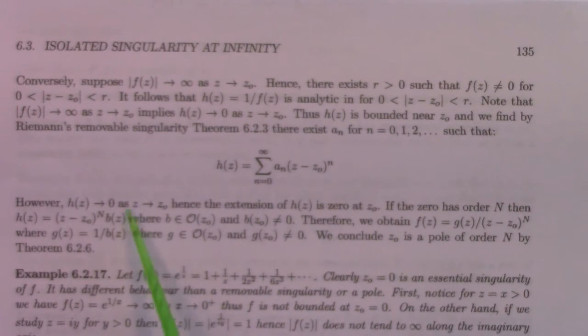And then you can extend h of z to be 0 at z naught. So finally, if the 0 has order n, then h of z is z minus z naught to the n times b of z, where b is holomorphic at z naught and b of z naught is not equal to 0. So you obtain that f of z is equal to just what you want. It's got a pole of order n.